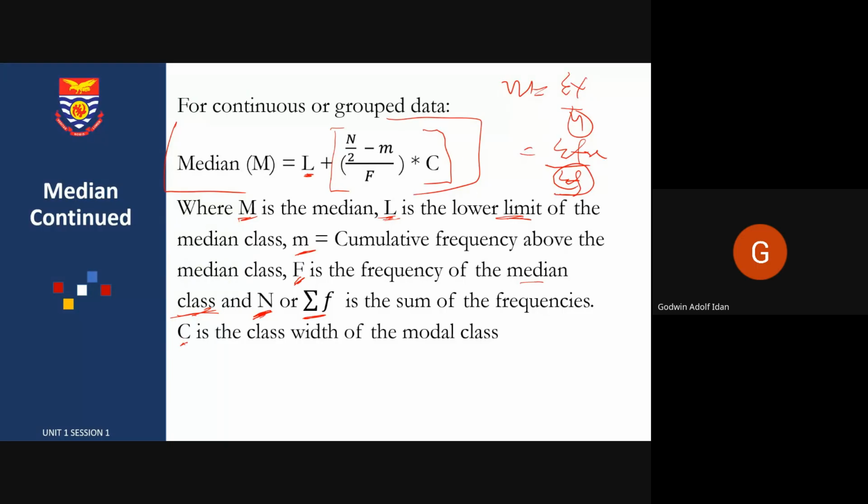And then our C here is representing the class width, the difference between the lower boundary and the upper boundary. That gives us the class width. So let's stick to this formula. When we get to the illustration, we will come back to look at how we can expand or simplify this formula. I hope you've captured it.